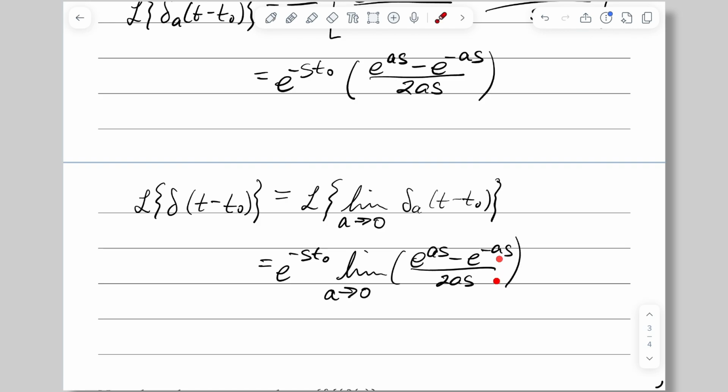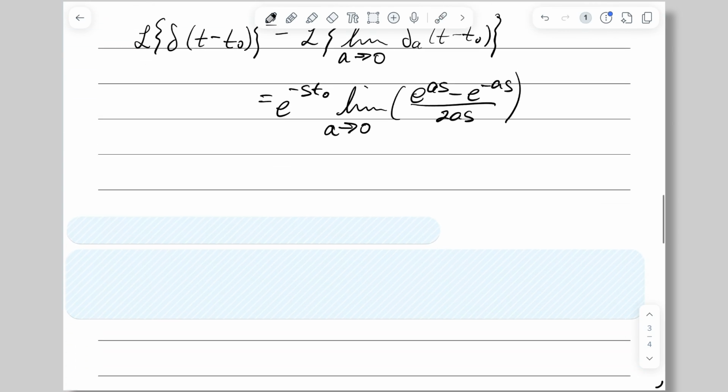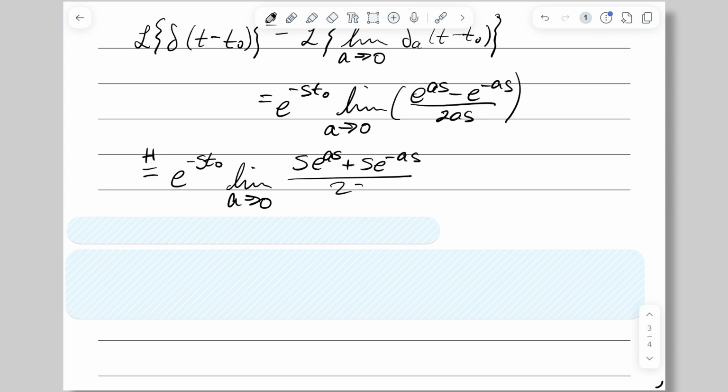This limit gives us 0 over 0, an indeterminate form. So we're going to use L'Hopital's rule, but remember here, it's the limit as a approaches 0. So when we differentiate, we're differentiating with respect to a. When we do that, and denote that we are using L'Hopital's rule, let's use good form here, we get e to the negative s times t sub 0 times the limit as a approaches 0 of s e to the as plus s e to the negative as divided by 2s.